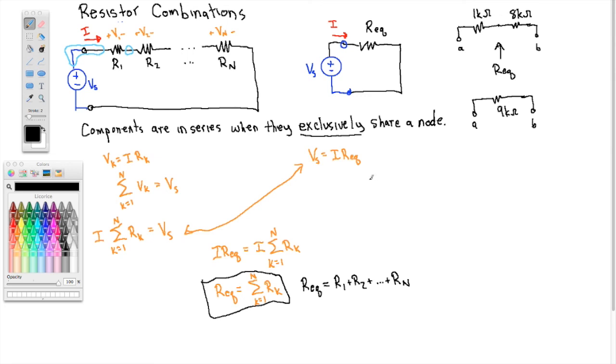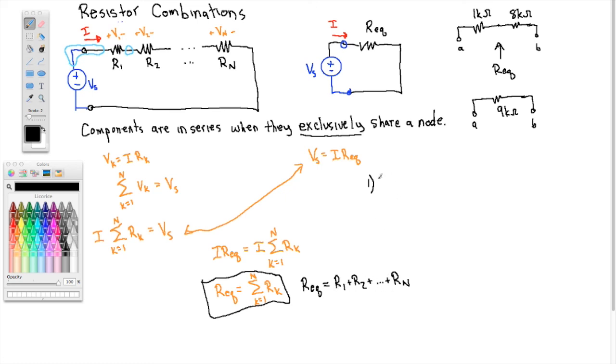I want to comment on this result and point out some things to you. First of all, resistances are always positive. Or, you can have a short circuit, which is zero resistance. So resistances are never negative.